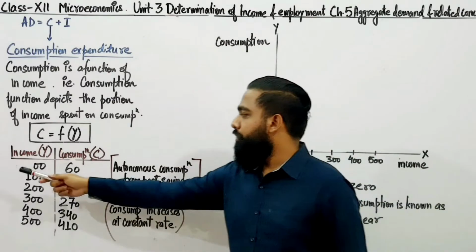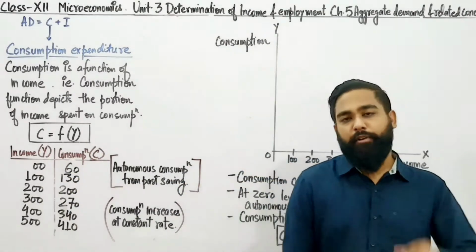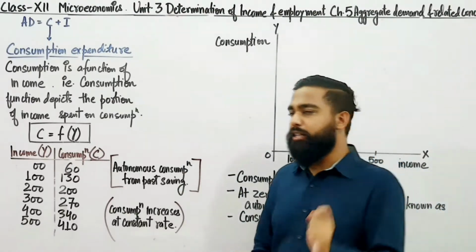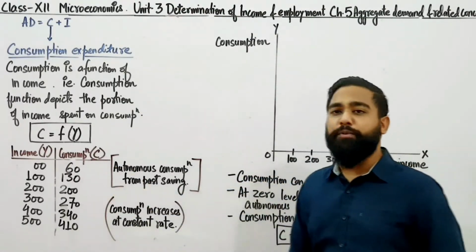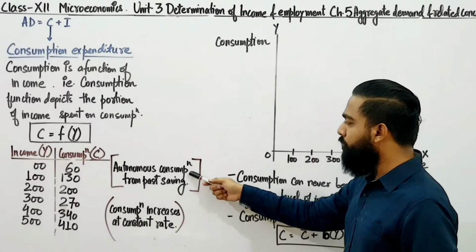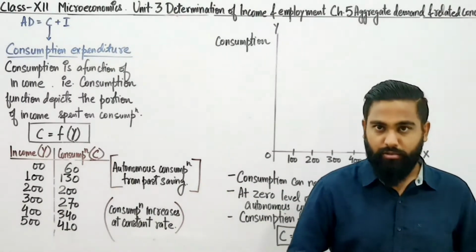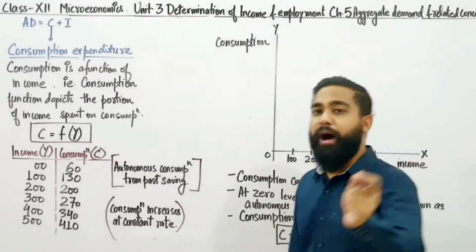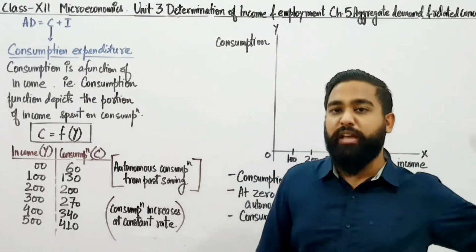Now, you know, at zero level of income, when your income is zero and you are still consuming, that consumption is known as autonomous consumption. Fine. Autonomous consumption is done from the past saving, from the previous savings.